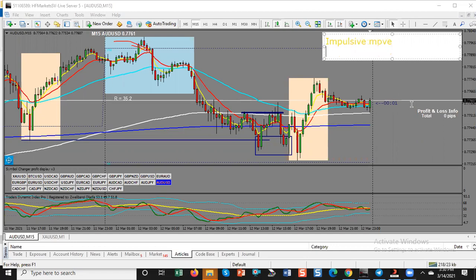Secondly, we want to see price at a key zone. Then we want to see a liquidity grab or a stop hunt. Then the fourth one, we want to see a break in market structure and the key zone retest.